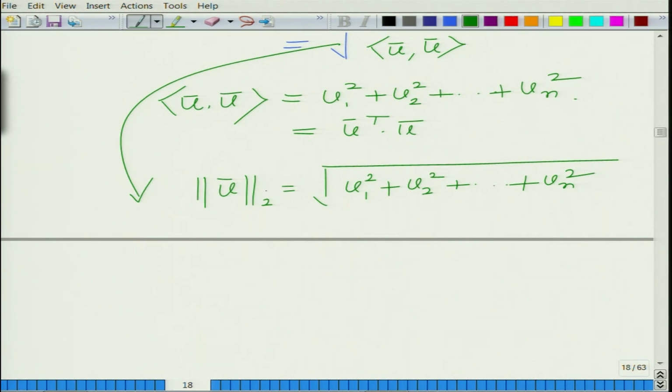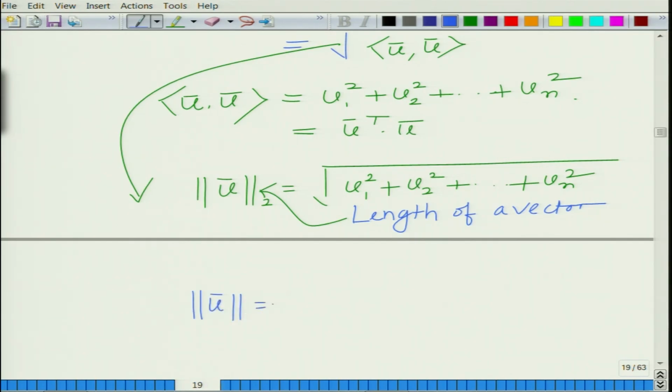And this is also what we call the length of a vector in a 3-dimensional space, or in general length. This is essentially the length of a vector. And this is for real vectors, where u1, u2, un are real.